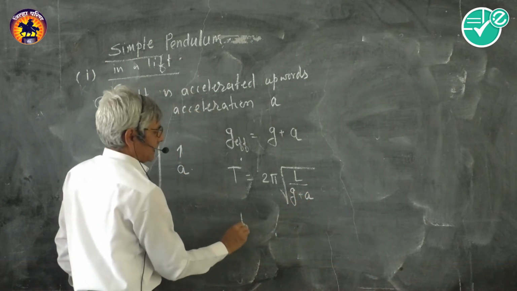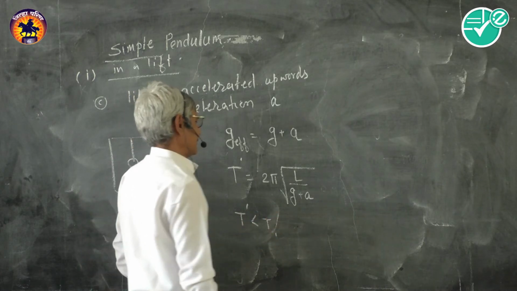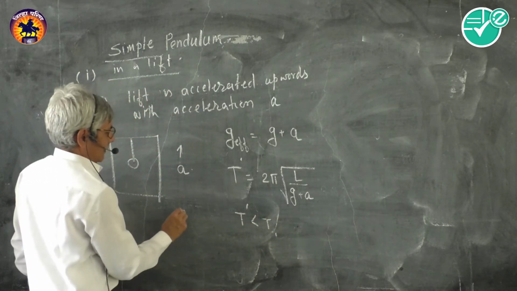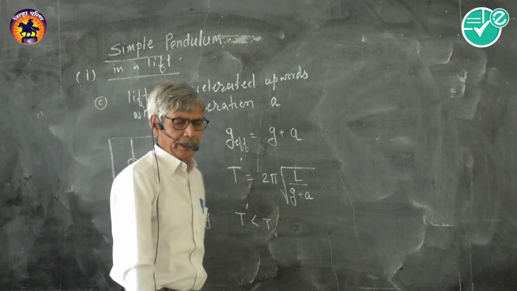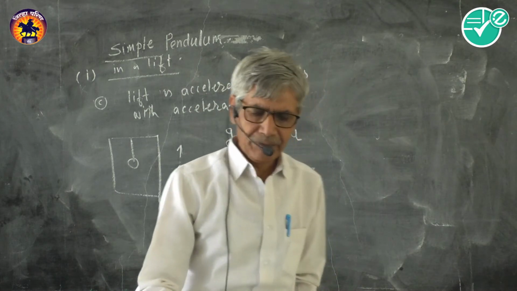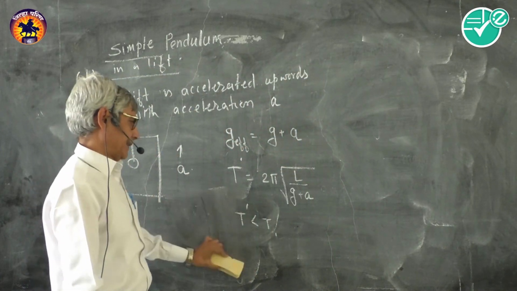It is quite clear that T dash is less than T, as g plus a is greater than g, so T dash will be smaller than T. So whenever the lift is accelerated upwards, the period of oscillation decreases.